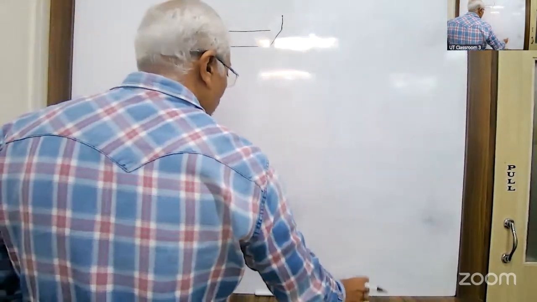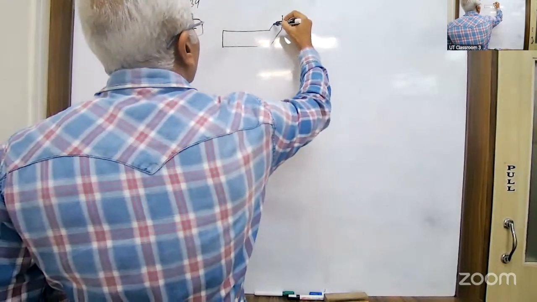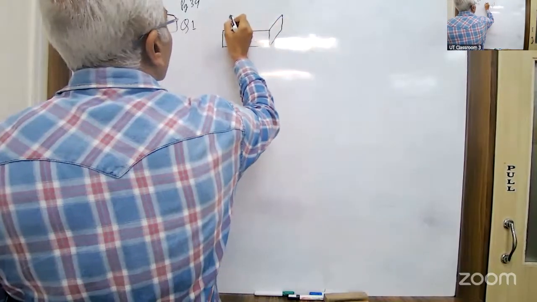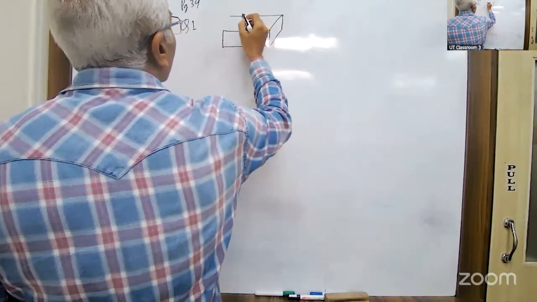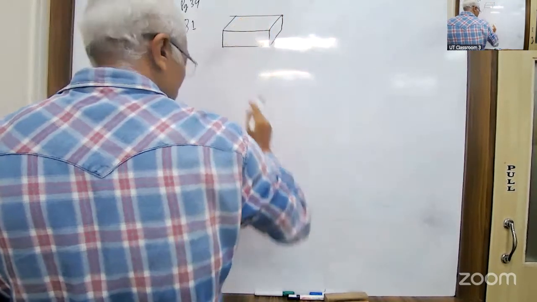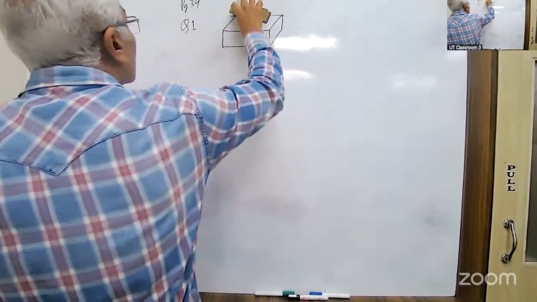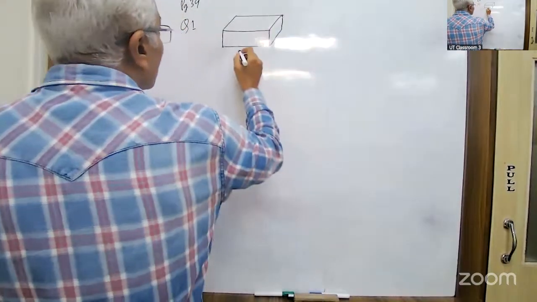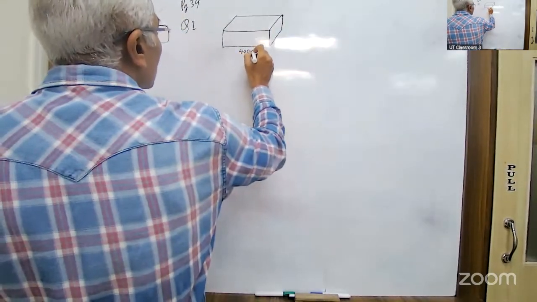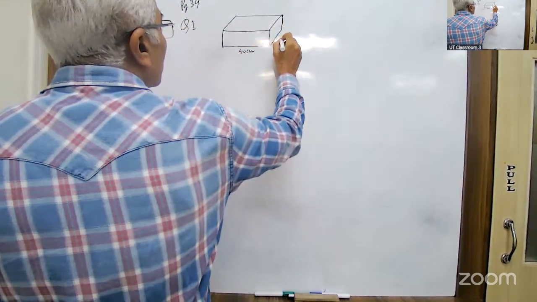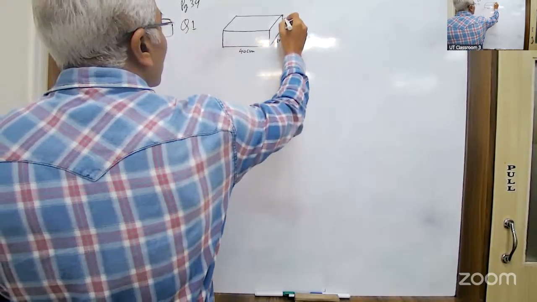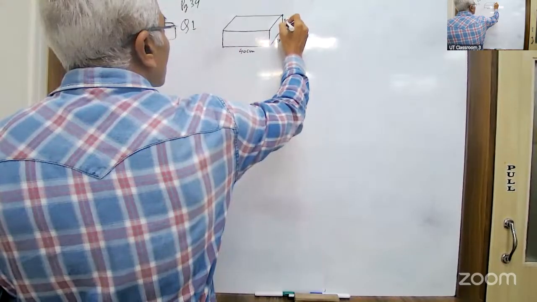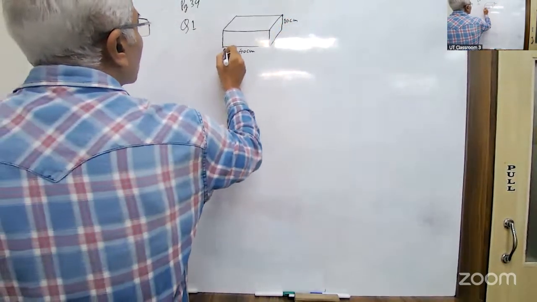So this is a cuboid. The cuboid length given is 40 centimeter, 20 centimeter is its breadth and height is 10 centimeter.